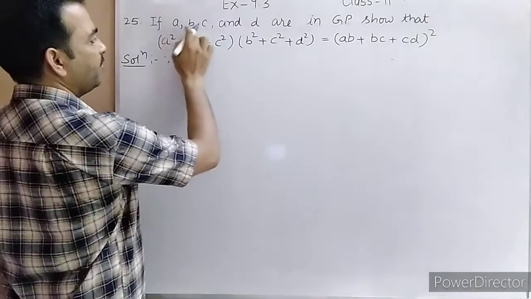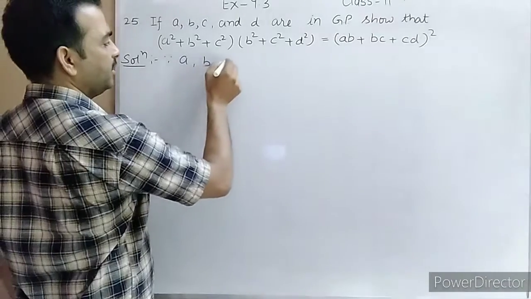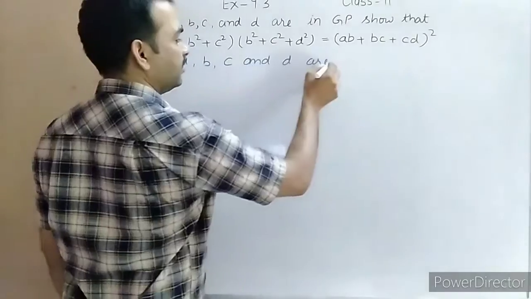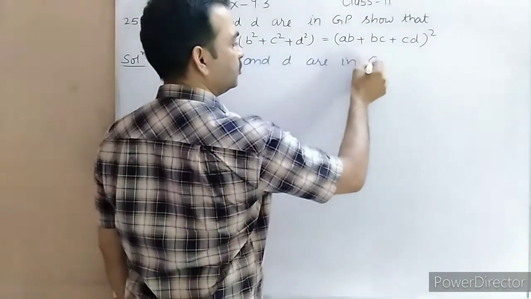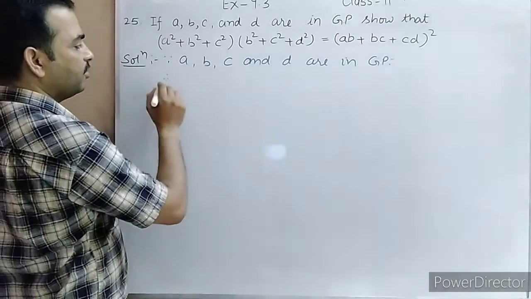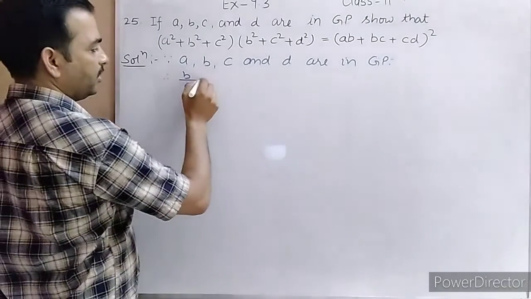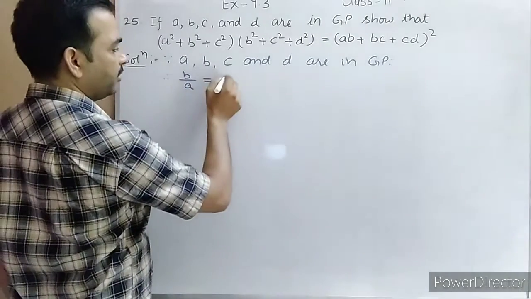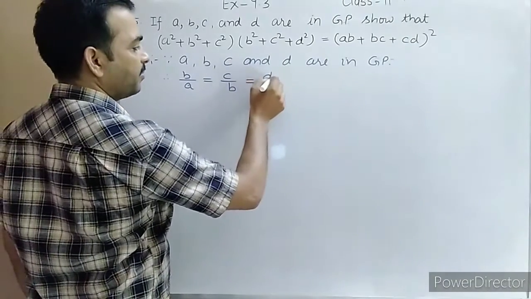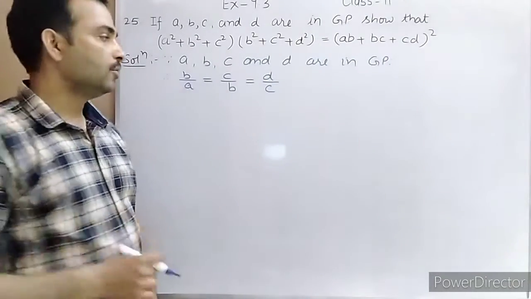since A, B, C and D are in GP, geometric progression, therefore, as we know, the ratio B by A is equal to the ratio C by B is equal to D by C. These three ratios will be equal.